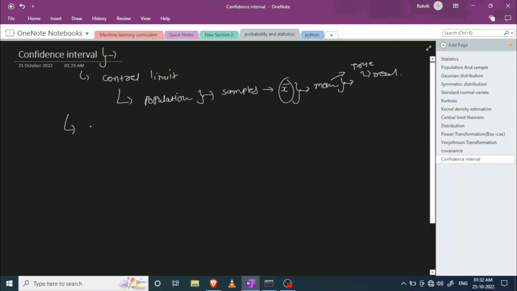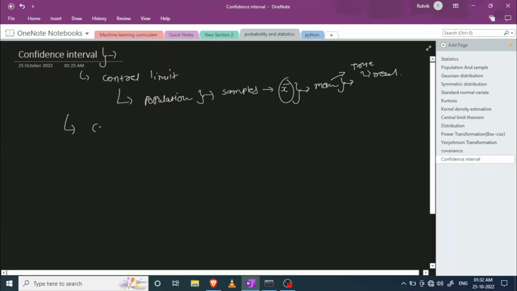There are some prerequisites for the confidence interval. We have to calculate the central limit theorem first, because we need a population mean, as we want to check how sure we are that the population mean falls within a particular range. The confidence interval gives us a range with a lower limit and another called the higher, or upper, limit.